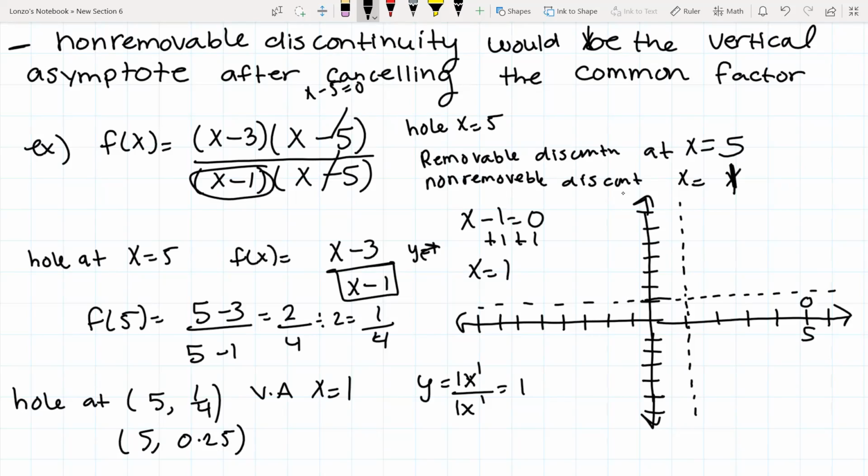So it's an open circle. The good news about the hole is that we don't have to plot any points, because we know our graph is going to look like this on the right side because of this hole. Then we have to test a point to see what the left side looks like. We can't use our vertical asymptote, 1, so we can use 0, -1, -2, etc. Let's do -1.